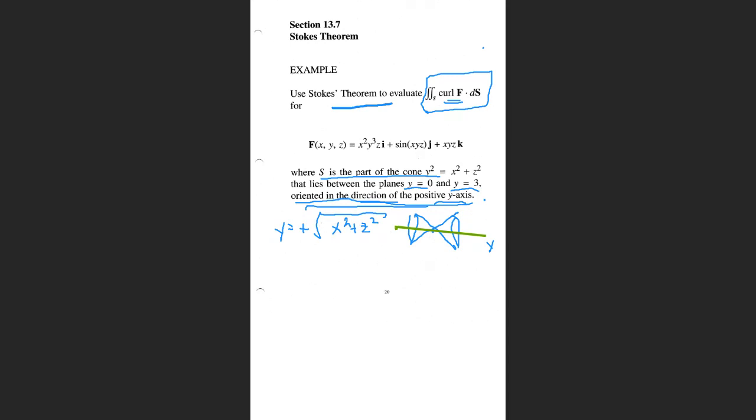The plane y equals 0 is the xz plane. The plane y equals 3 is 3 units to the right of that. So it's going to be just this part of the cone, and it ends at y equals 3. Let's get a little bit better picture here.